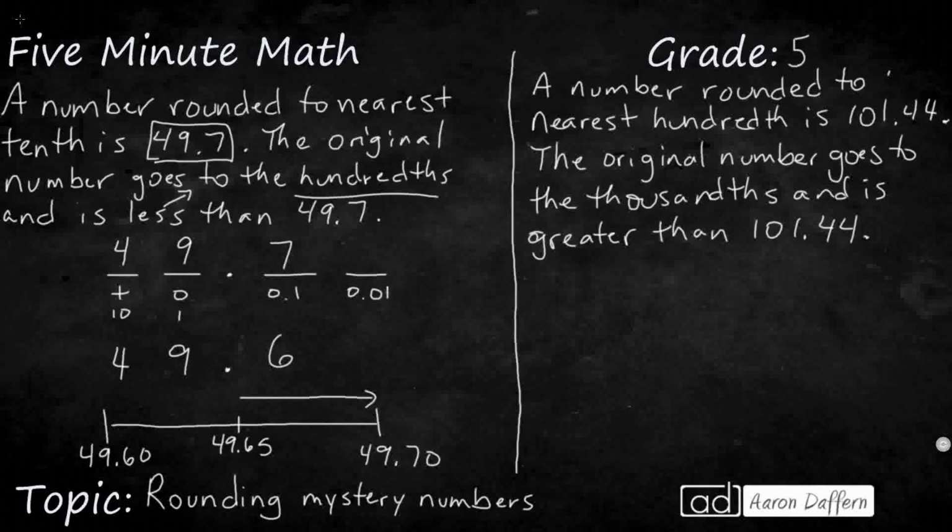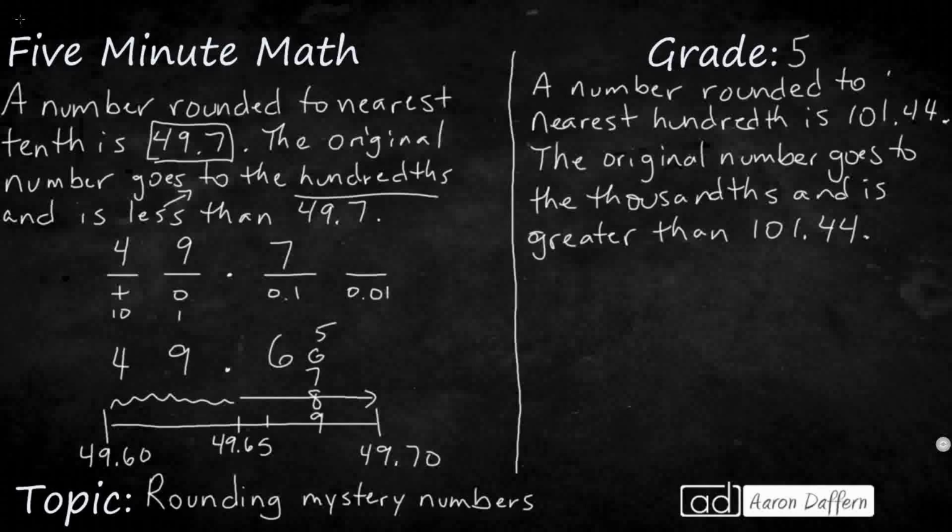So we know that anything that's at the halfway point or above is going to round up. So if I were to get anything right here, like 49.60, 61, 62, 63, 64, it's not going to work. But if I were to get 49.65, that would round up to 49.7, and it is less than 49.7. If I were to get this right here, 49.66, 49.67, 49.68, and 49.69.